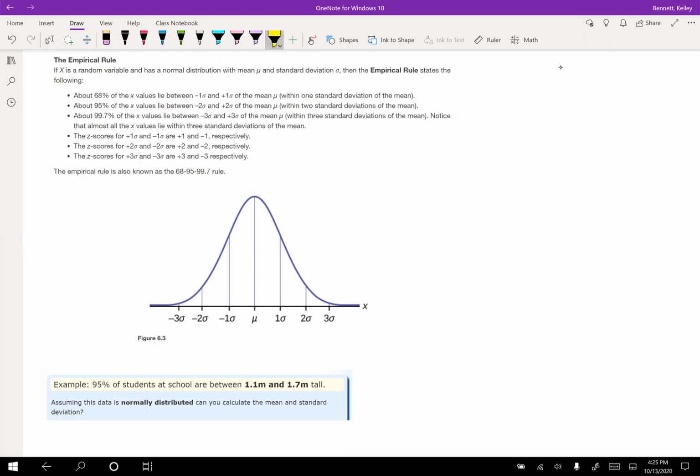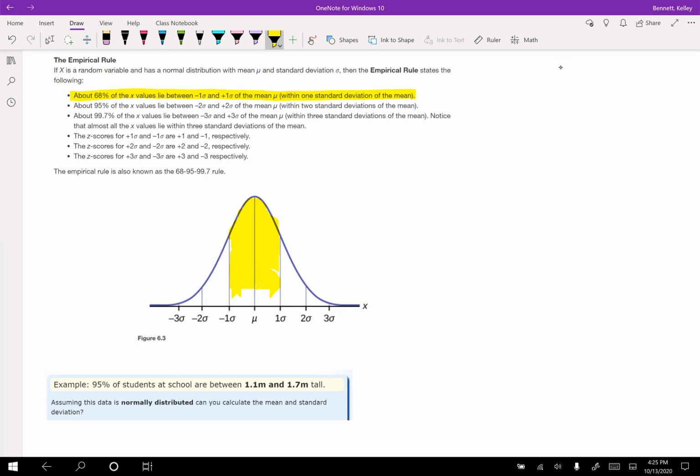So if we look first here, it says about 68% of the x values lie between one standard deviation of the mean. So if I'm here at the mean mu, I can go forward by one standard deviation, or I can go back by one standard deviation.